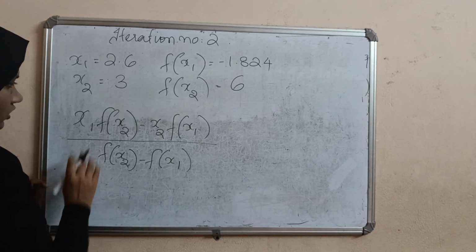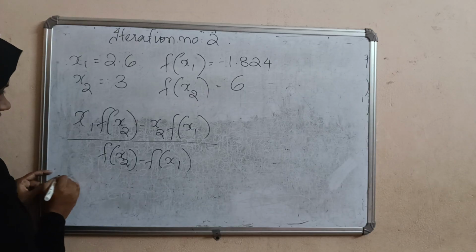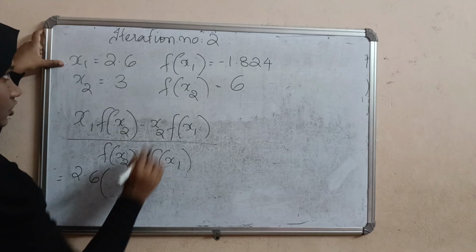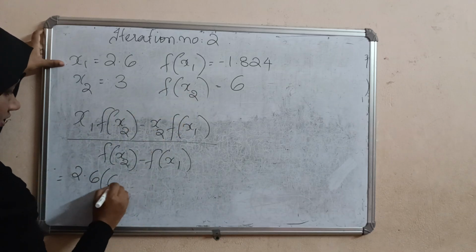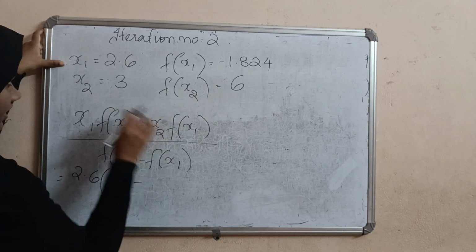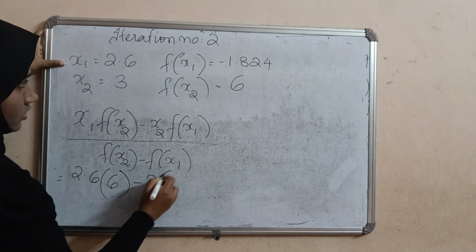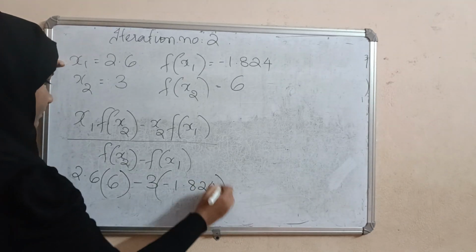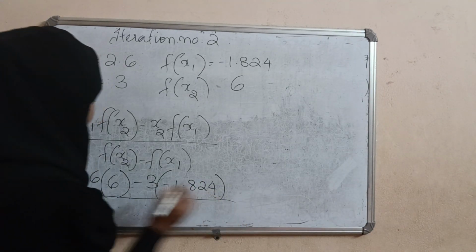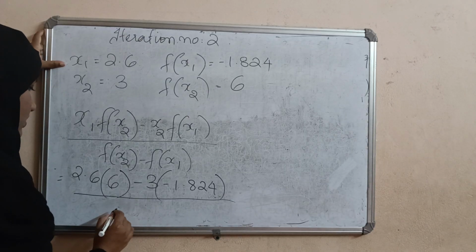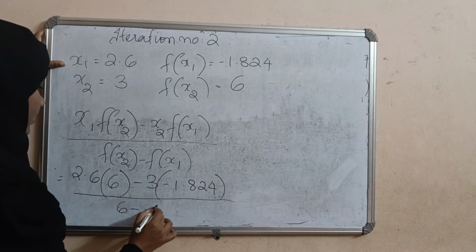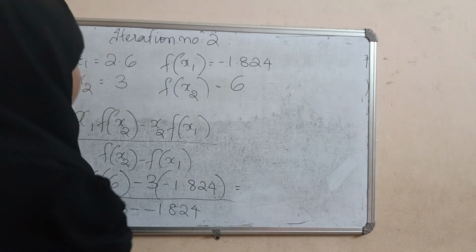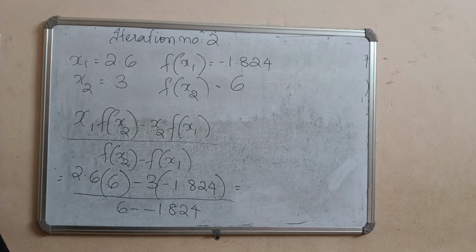So this is our equation. When we are equating, let's put our x1 value 2.6 into f of x2, which is 6, minus x2 value 3 into f of x1 value minus 1.824, the whole divided by f of x2, which is 6, minus minus 1.824. When we are calculating this, what's the value that we get?